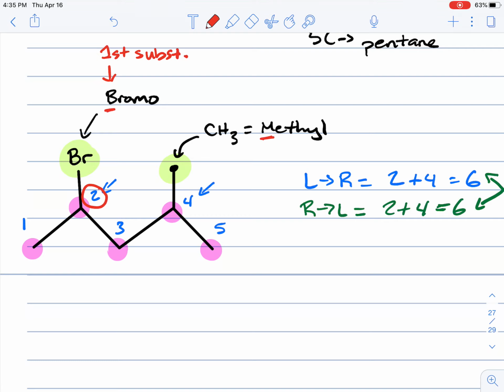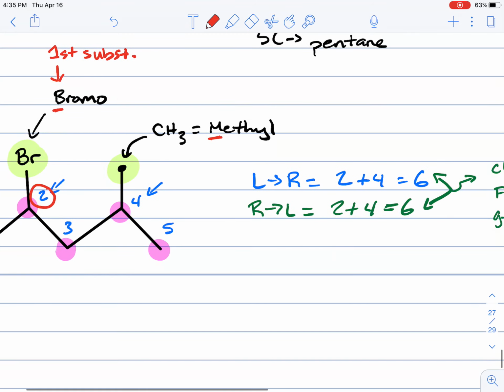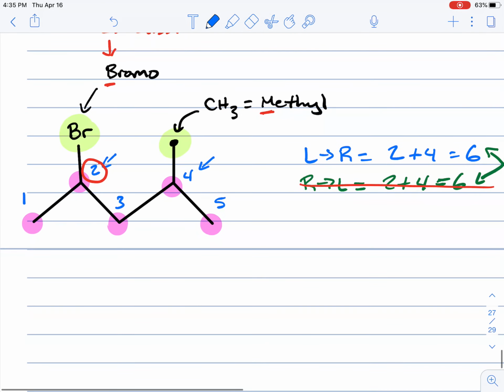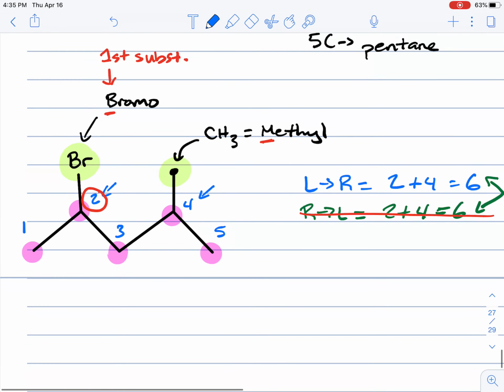So we're going to cross this off and keep the numbering system from left to right. And this time we're going to say 2-bromo.